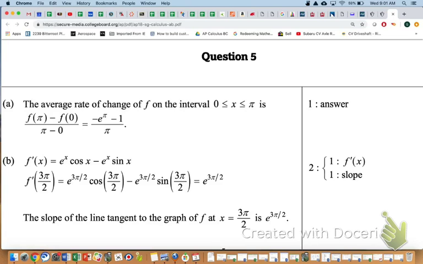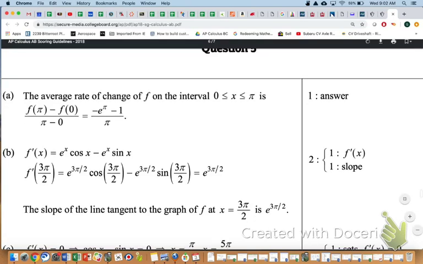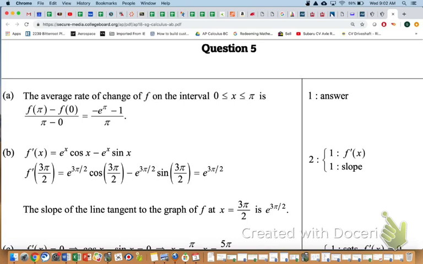The first two here. So here are the answers for A and B. So A. Listen, hey guys, what I noticed as I walked around, looked over shoulders, for A, a lot of you were setting up to try to find the average value of F. Like you had 1 over pi times the integral from 0 to pi of F. And they didn't ask for the average value of F, they asked for the average rate of change.